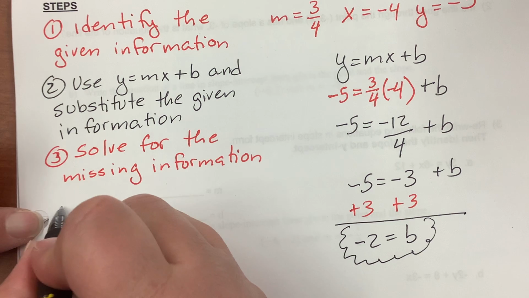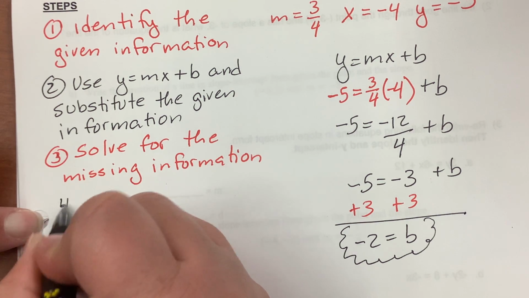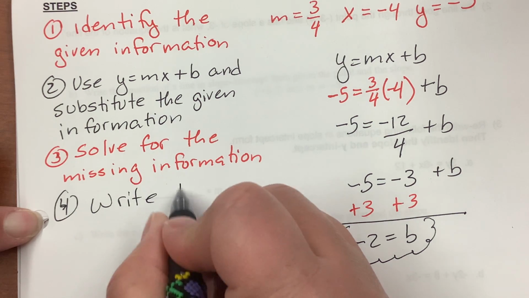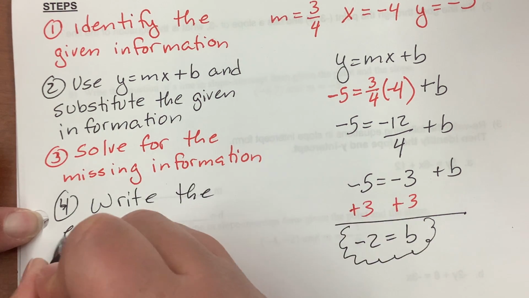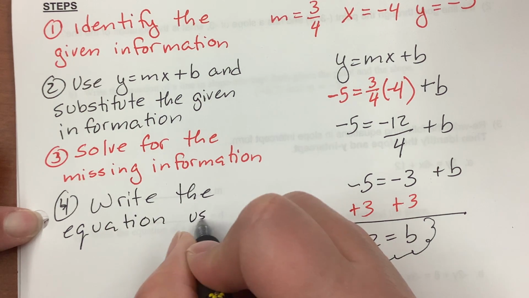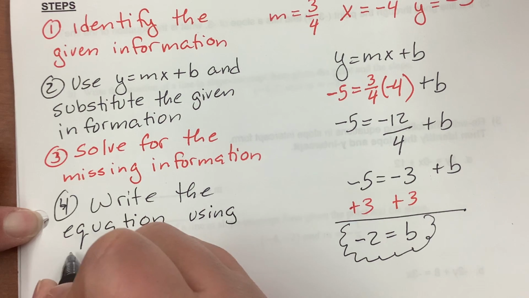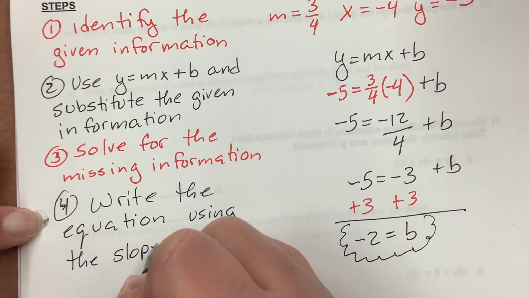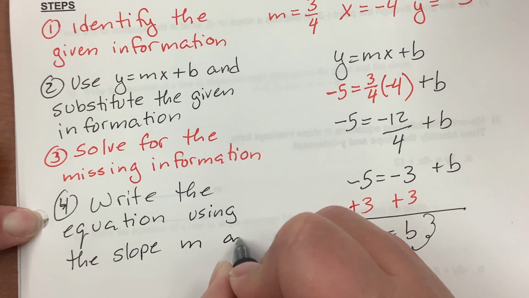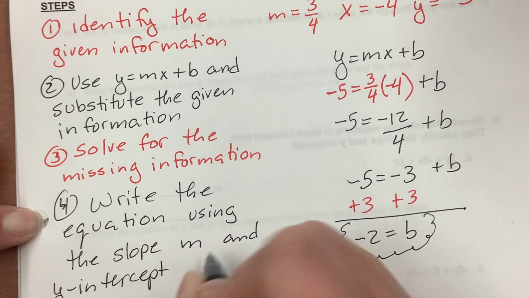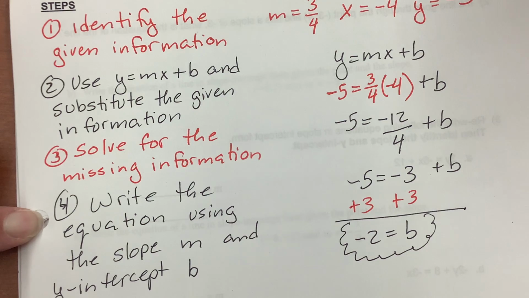So then, number 4, write the equation using the slope m and y-intercept b. So I'm going to use the slope.